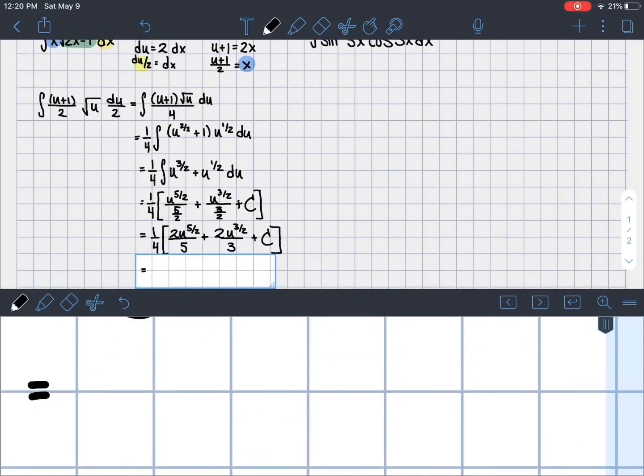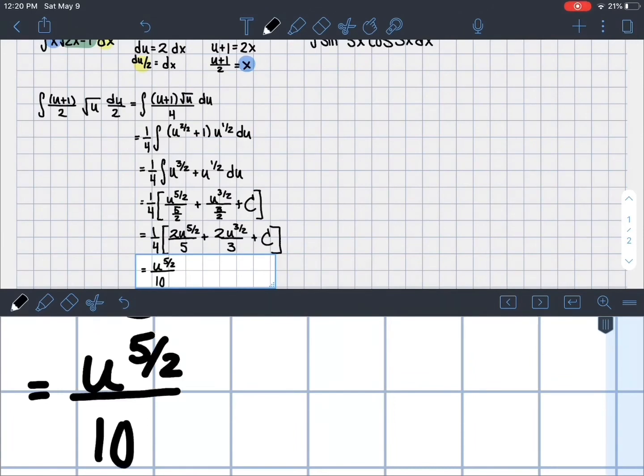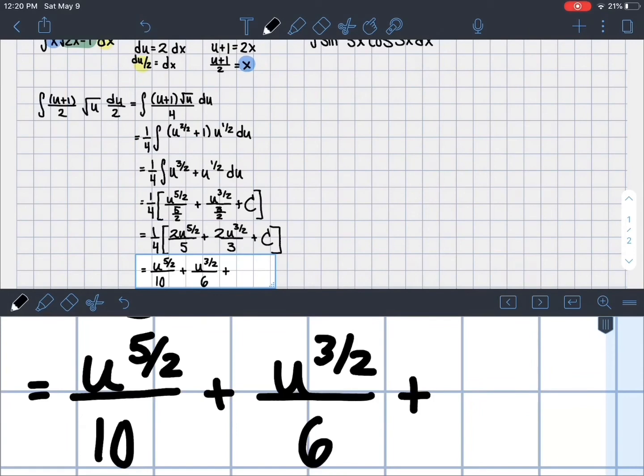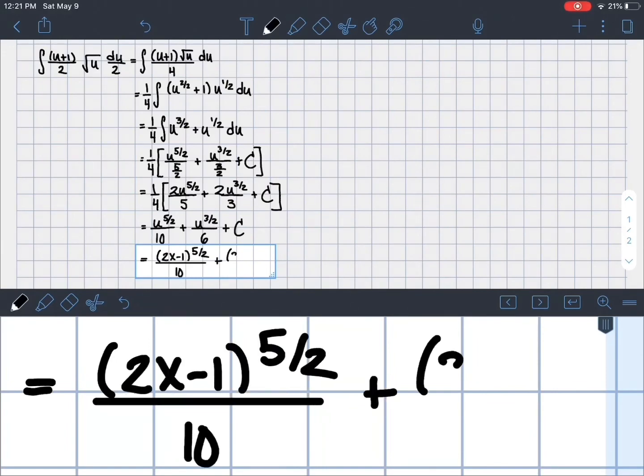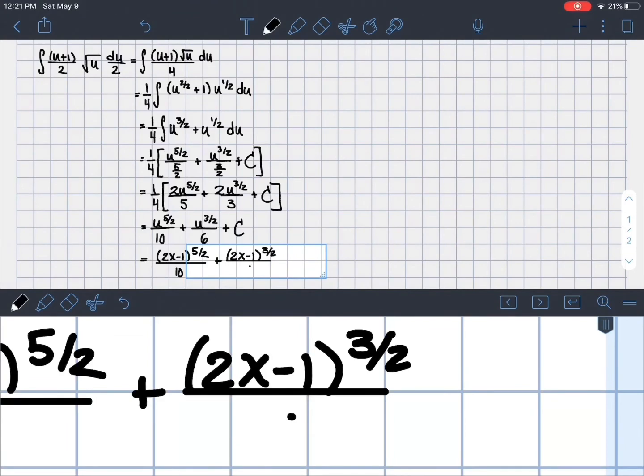Finally, that 4 is going to come in and end up being 2/20ths, or 1/10, and in the second term it's 2/12ths, or 1/6, and there's your correct answer once we replace the u's with what they substituted for.